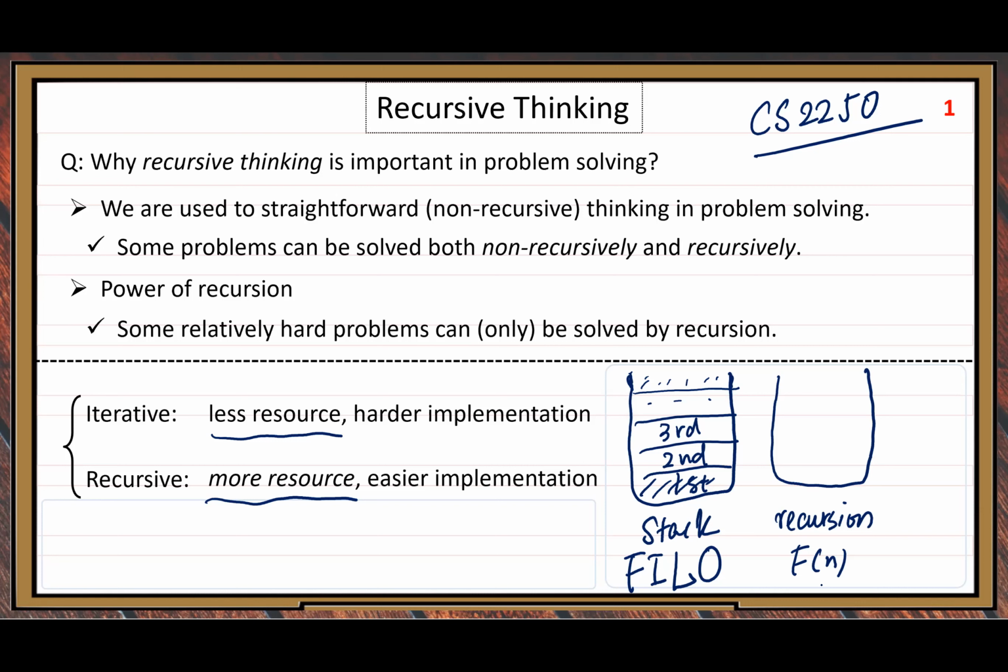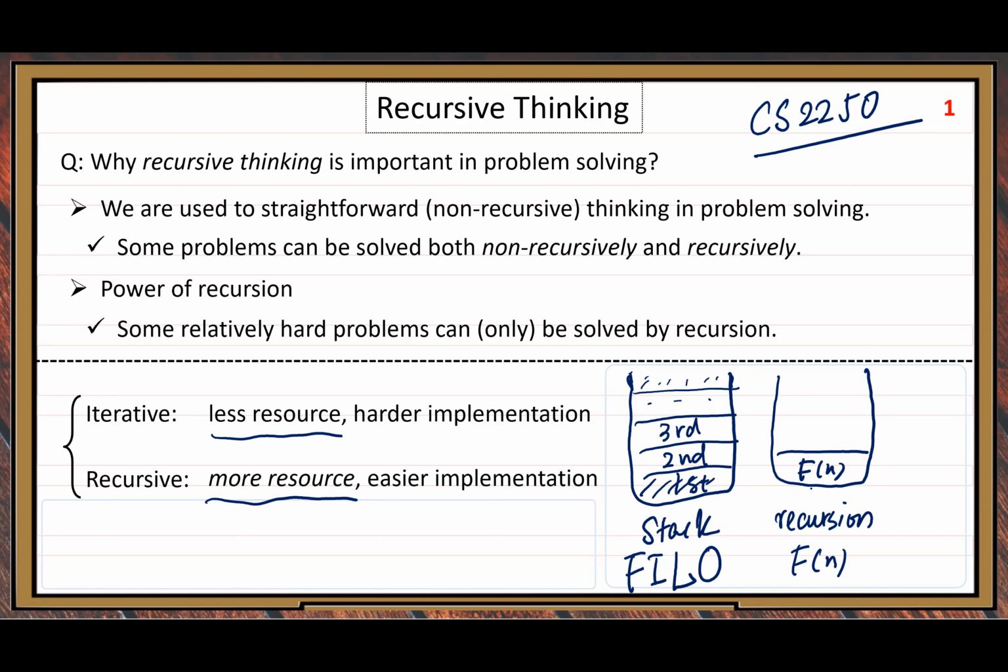So we call this function f of n, but this function cannot return f of n immediately, because it relies on some previous results. So f of n is not available immediately. So what to do is push f of n into the stack, on hold. We need to calculate f of n minus 1, some previous parameter value, first.